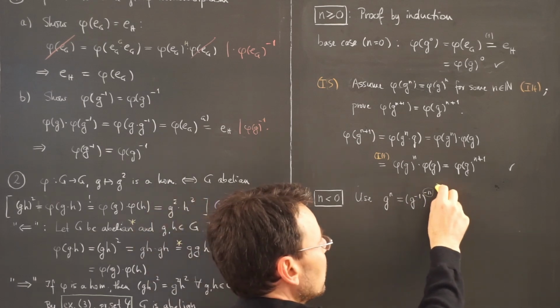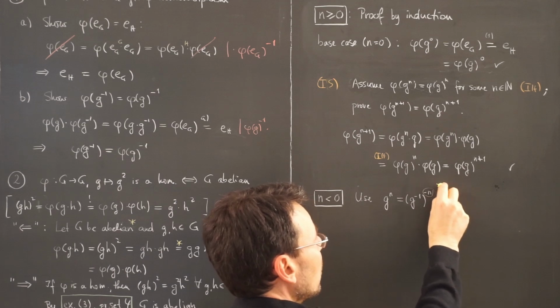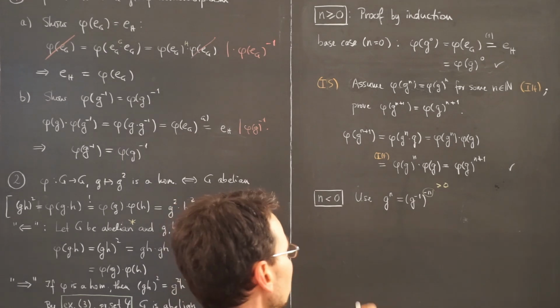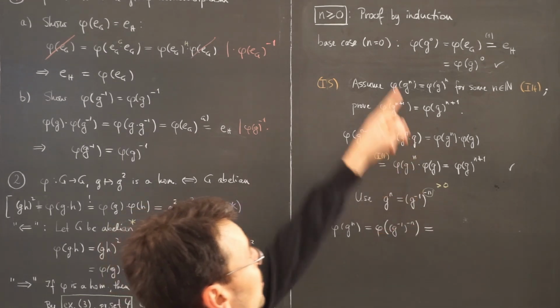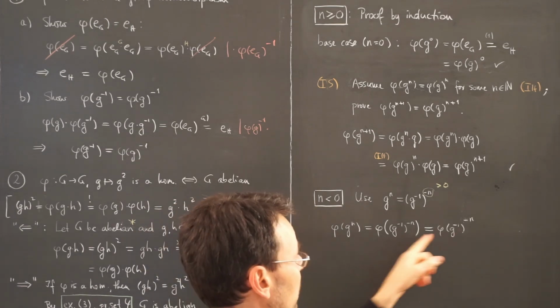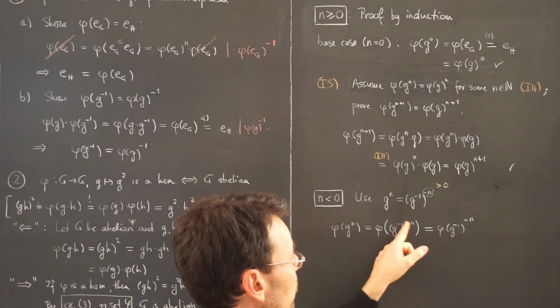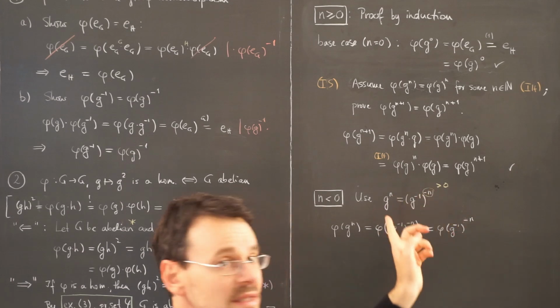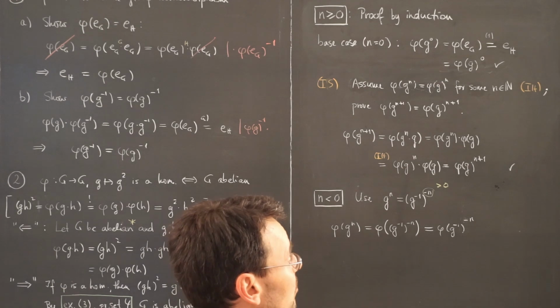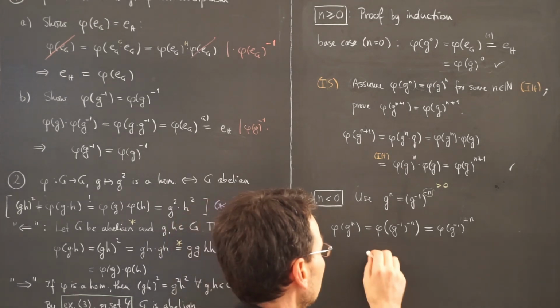Okay. Now for the case of all the negative integers, we use this here. We also proved this when we proved the power laws in groups, that g to the n is always the same as g to the minus 1, so the inverse of g, to the power of minus n. But if n is negative, then minus n is positive. And now we can use what we already proved above, namely that this here is true. We can pull out the power because this is now a positive integer. You know, we already proved this statement for the positive integers.